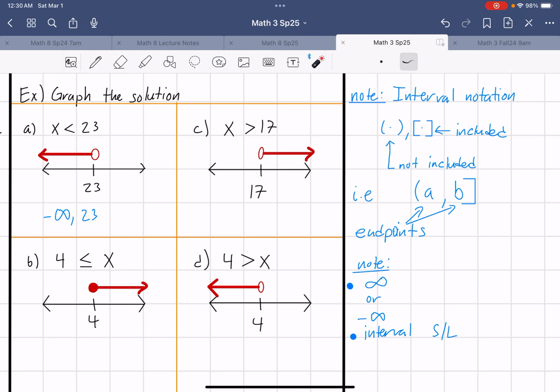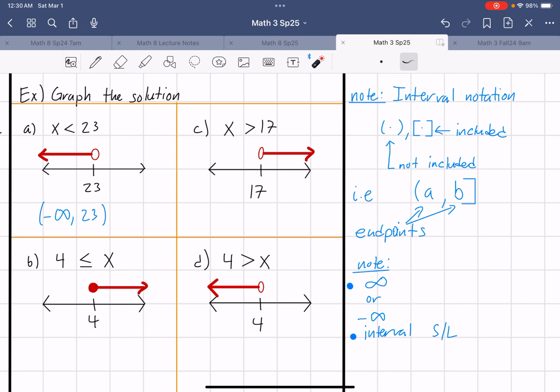It's technically not including 23, but the number that follows immediately before 23 is probably 22.999999. So I don't want to write 22.99999 because it's the number immediately before 23. So the nicest thing to do is just put parentheses around that endpoint, and it tells you if that endpoint is included or not.